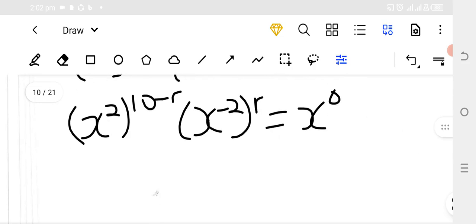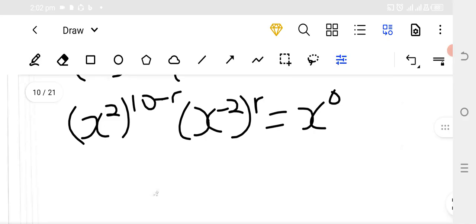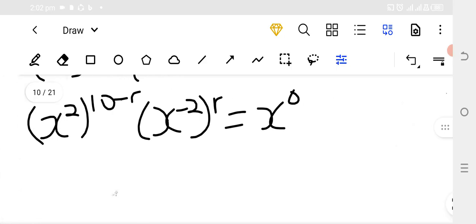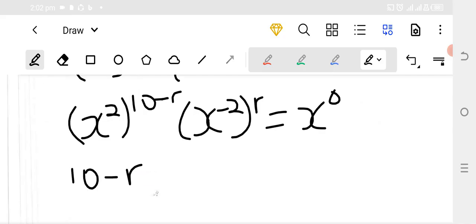Since all the bases here are the same, the bases are x, we are just going to get the powers now. Make sure that you simplify the powers here.